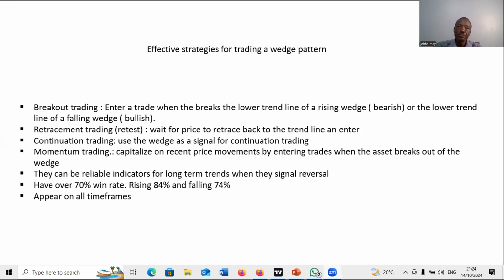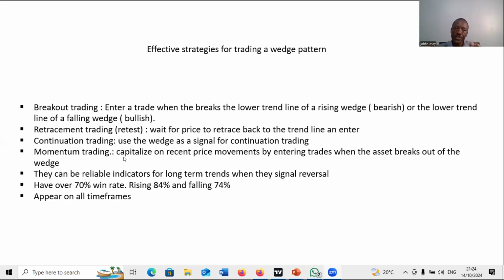The other strategy that we use here is the continuation trading strategy. We have said that when you get a falling wedge in an uptrend, when the general movement is up, and then you get a falling wedge somewhere, what that signifies is that the uptrend will continue.